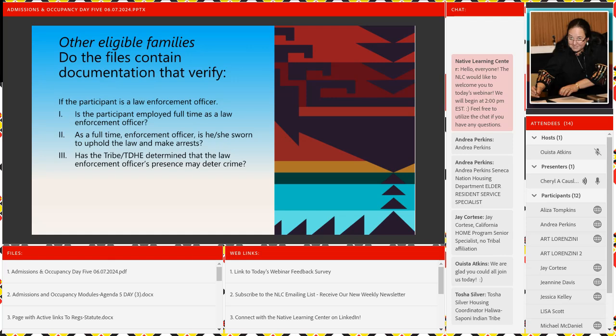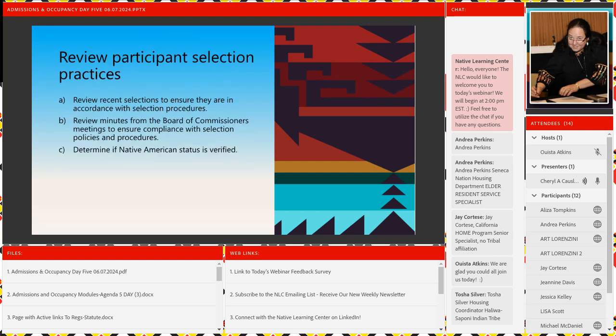Has the tribe or TDHE determined, and you have to say, we have determined that the presence of this officer will deter crime, okay? So when you see these at the end of these modules, what I'm doing is showing you exactly what HUD's going to check for, okay?